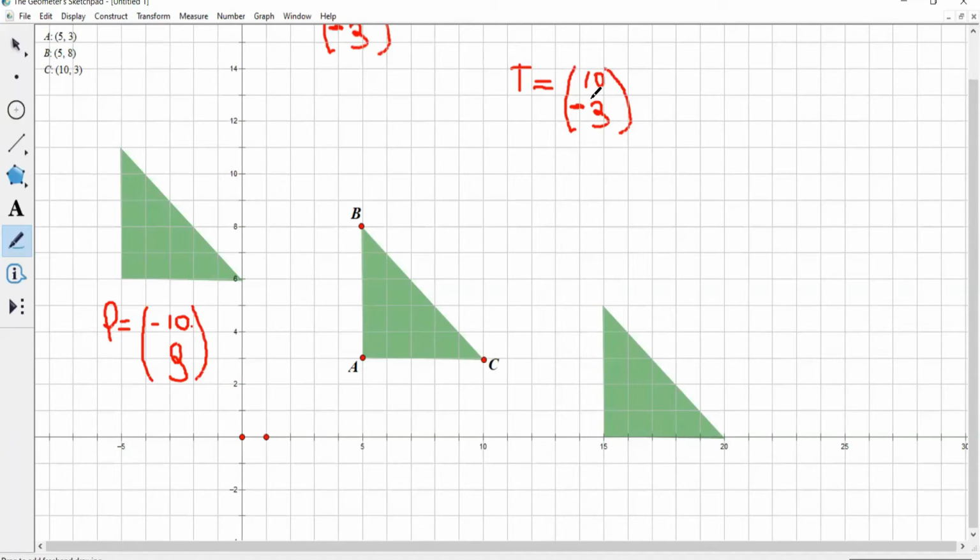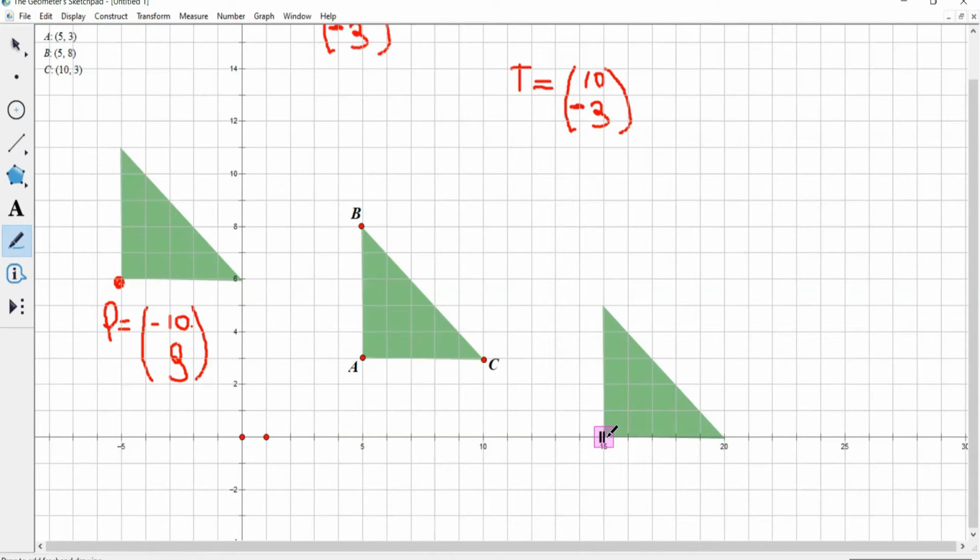Now, the first value in the translation vector corresponds to going across, left or right. The next value in the translation vector is whether you're going up or down. If it is a positive 3, notice that the point A moves up by 1, 2, 3, positive 3. So this would be the A complement there. But when it's a negative 3, it means it shifts down. So notice that this is the complement here.